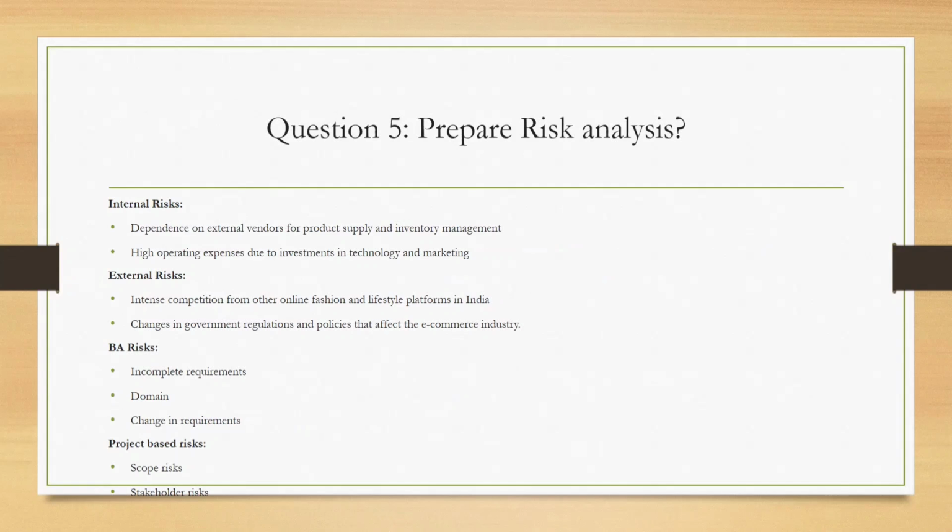There are four kinds of risk: internal, external, BA risk, and project risk. Project-based risk means we will get scope creep and stakeholder risk. Stakeholders means all the people who are affected or involved in this project. For example, there are four developers for this project, right?